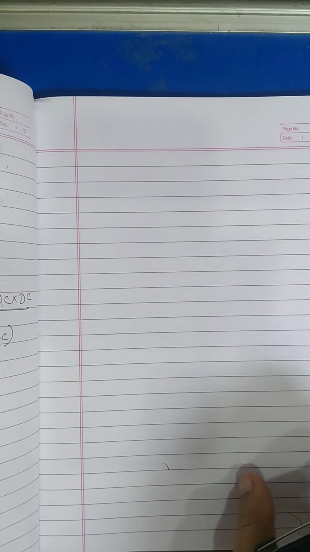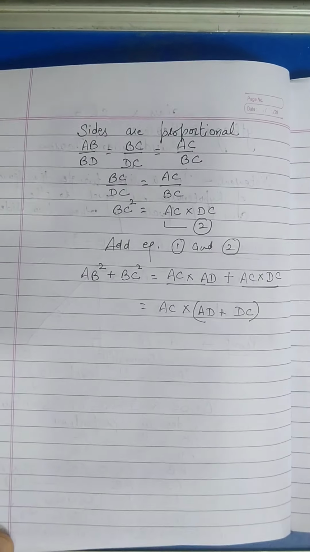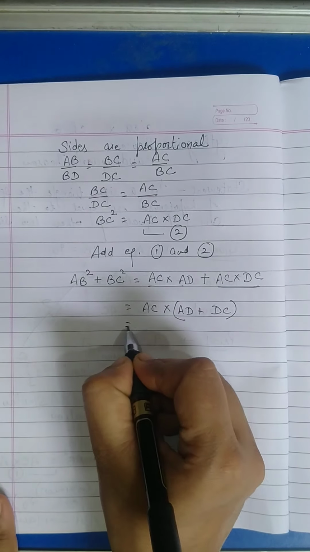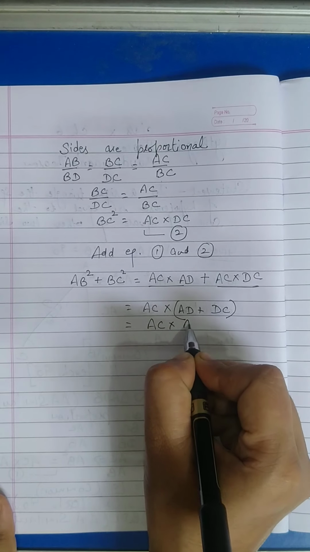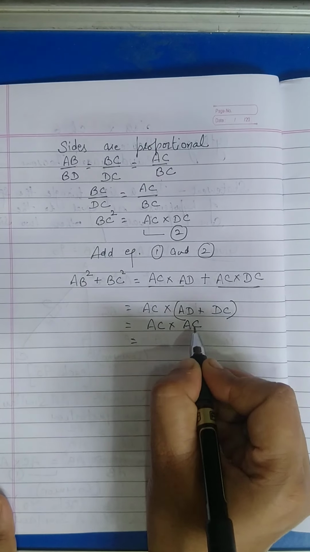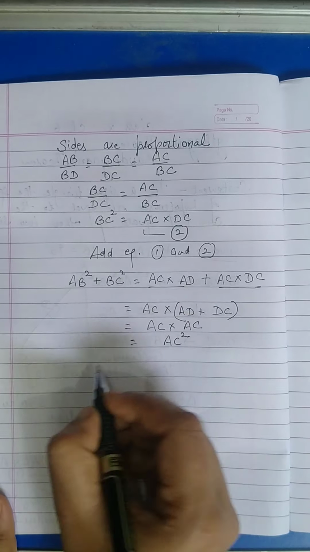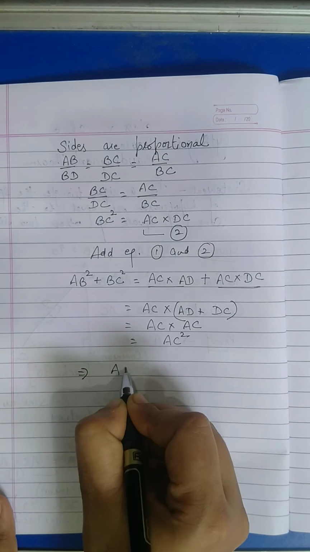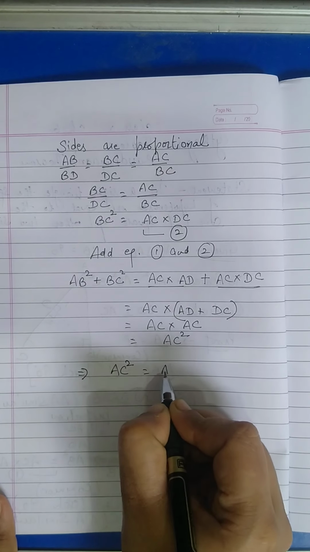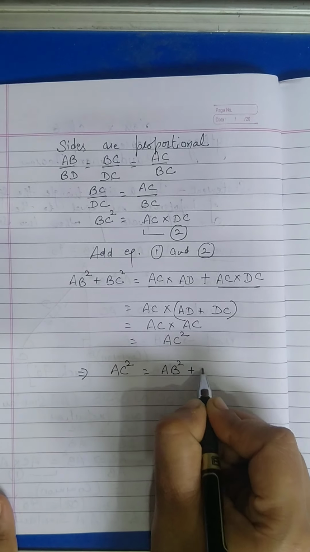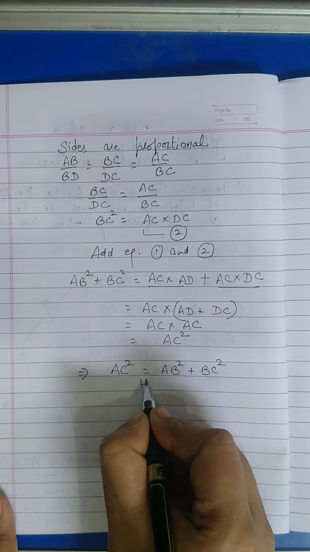So AD plus DC, we can write AC. AC multiply AC, AC squared. Now this implies AC square is equal to AB square plus BC square, hence proved.